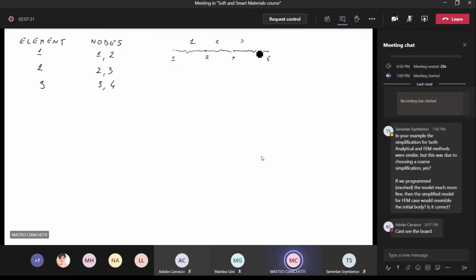So how can I very quickly do the global stiffness matrix instead of going through all the passages?